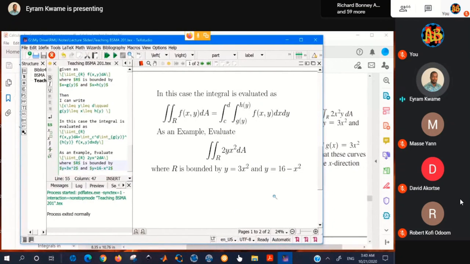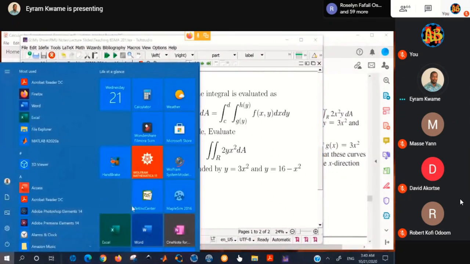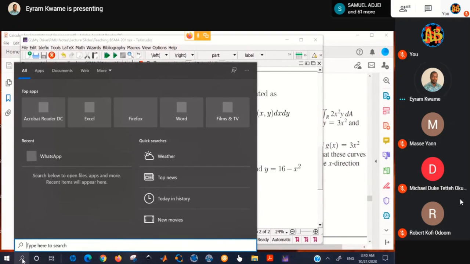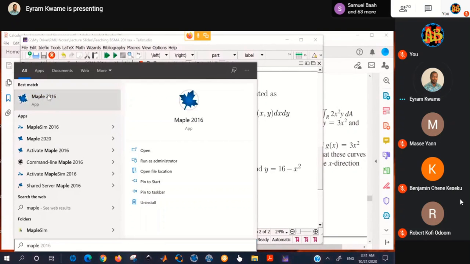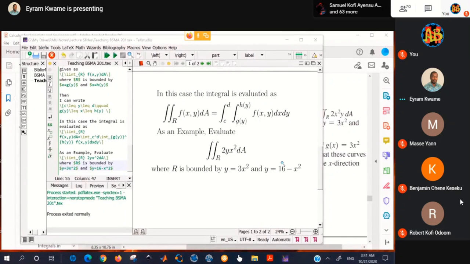But do they have a point of intersection? So I'm going to sketch these graphs, and I'm using Maple to sketch them for you to see. I know you start asking if you have to sketch every graph to be able to see.